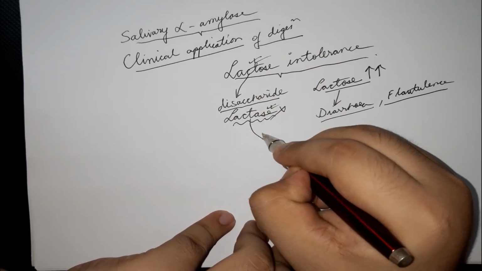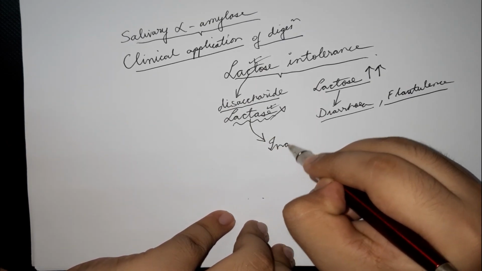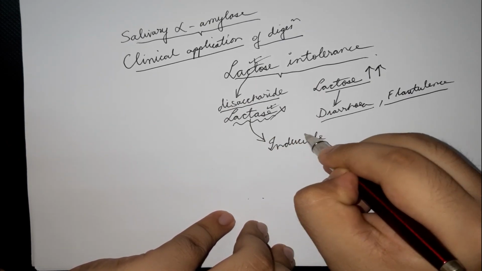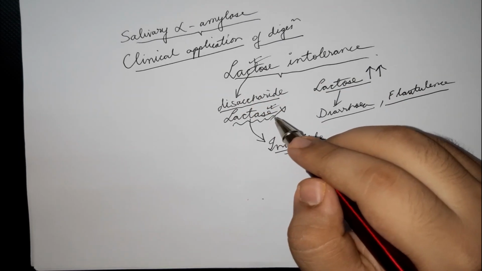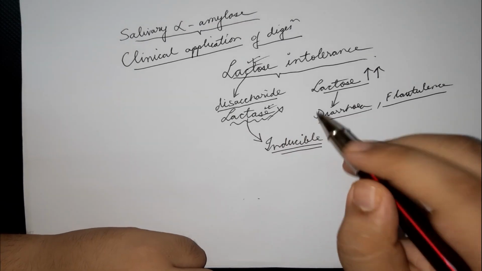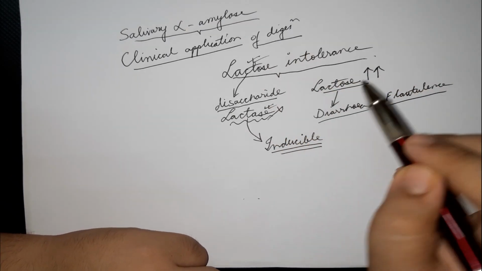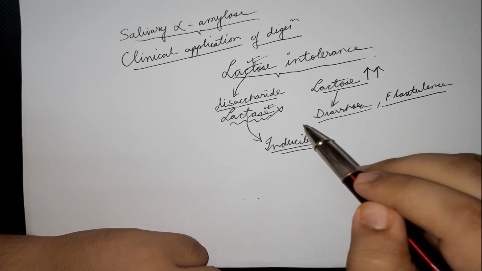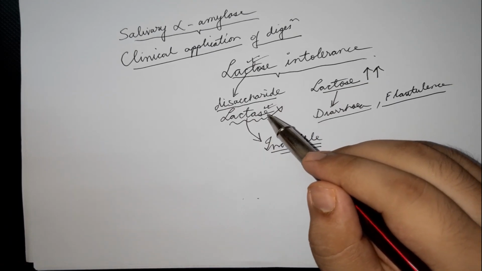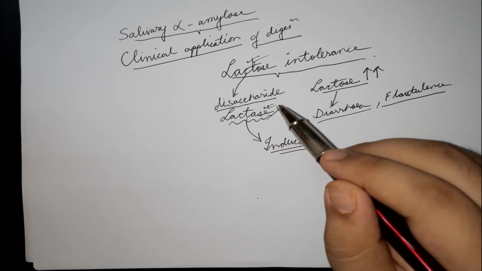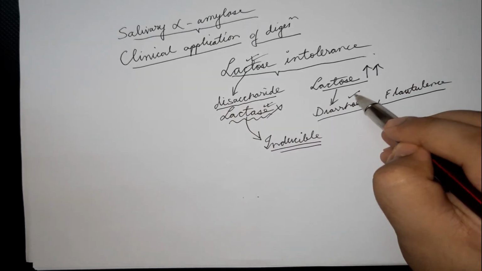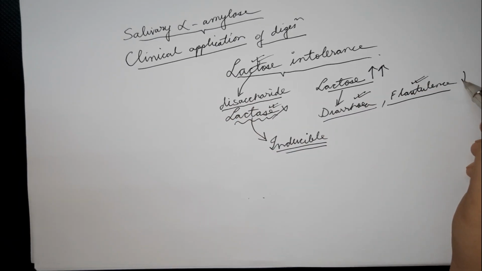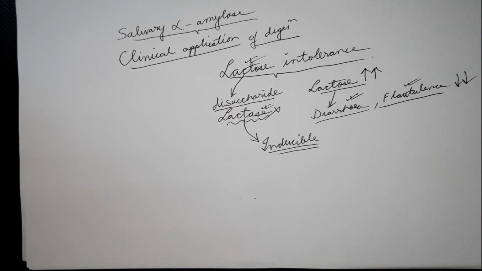This enzyme lactase is actually an inducible enzyme. Inducible enzyme, so it is induced by its substrate, right? So if lactose is absent from the diet, lactase being an inducible enzyme, if the lactose sources are withdrawn, then these conditions will also go down, right?